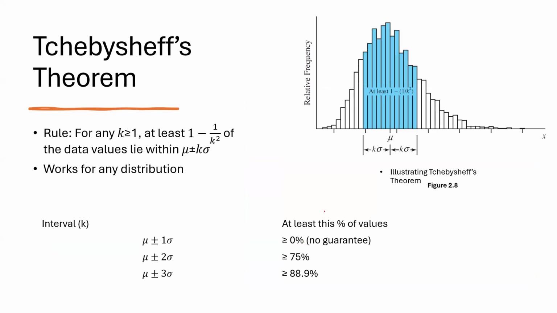The first tool we'll look at is Chebyshev's theorem. This is incredibly useful because it works for any distribution: skewed, uniform, bell-shaped, you name it. The rule says for any k greater than or equal to 1, at least 1 minus 1 over k squared of the data values fall within the mean plus or minus k standard deviations.